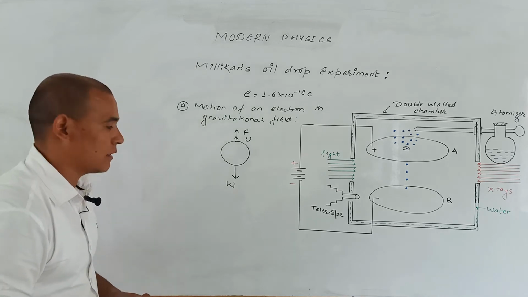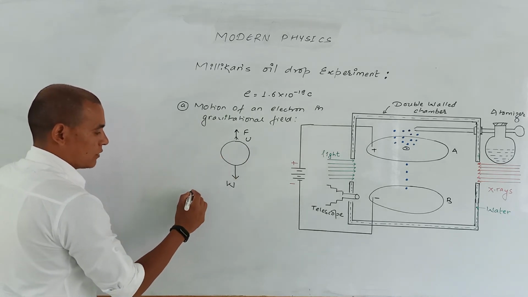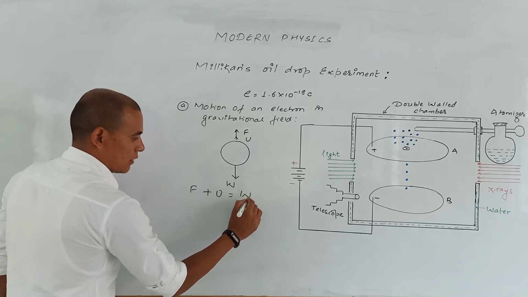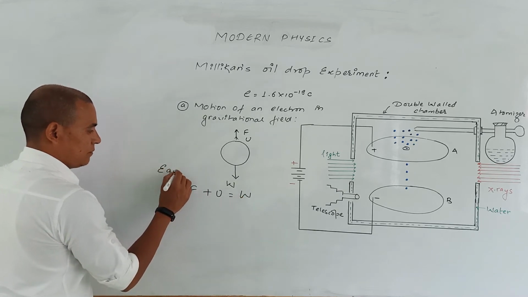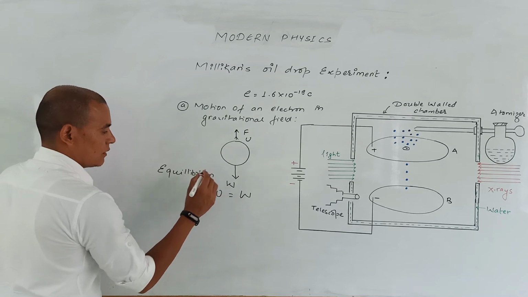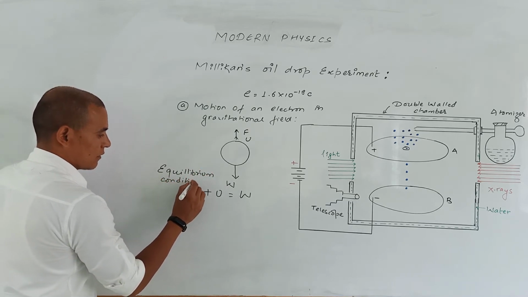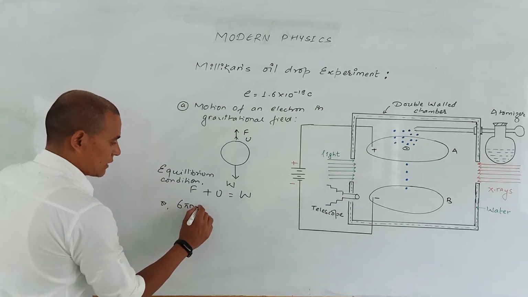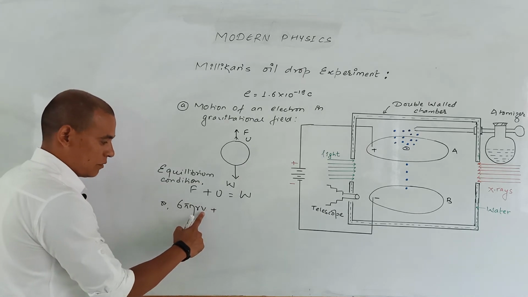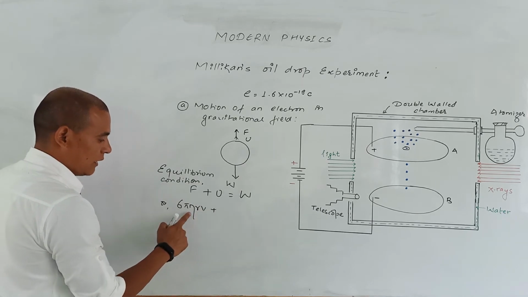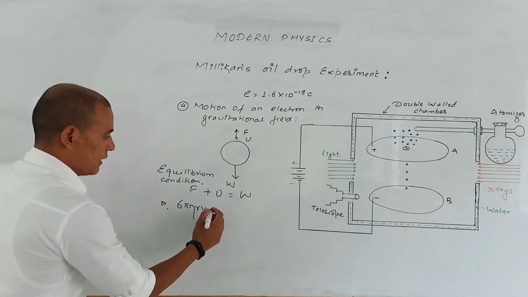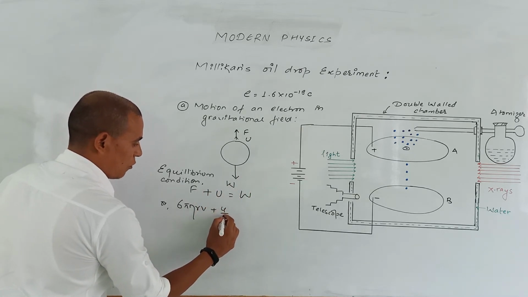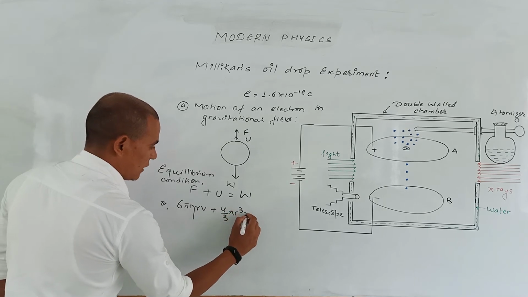So under equilibrium condition, the force acting upward, that is viscous force plus upthrust, equals weight W. The viscous force will be 6 pi eta r v, where v is the terminal velocity, r is the radius of the oil drop, and eta is the coefficient of viscosity. Similarly, the upthrust provided by air will be 4/3 pi r^3 sigma g.